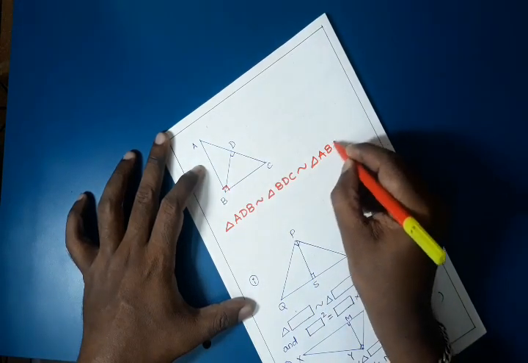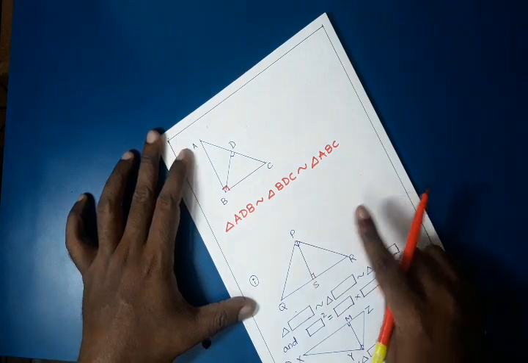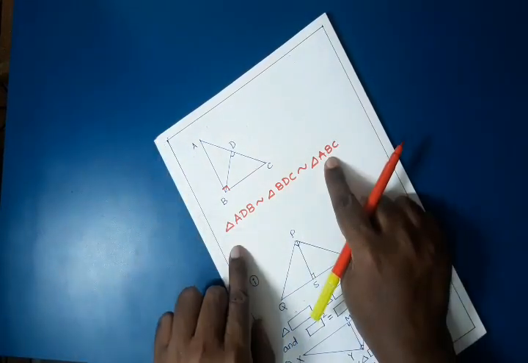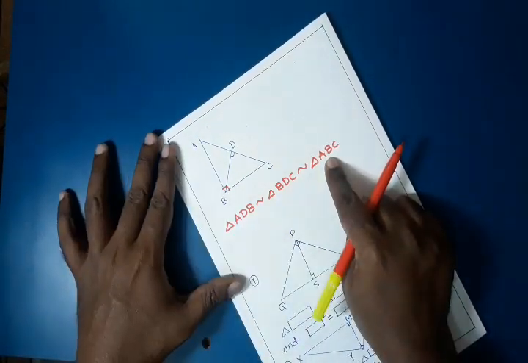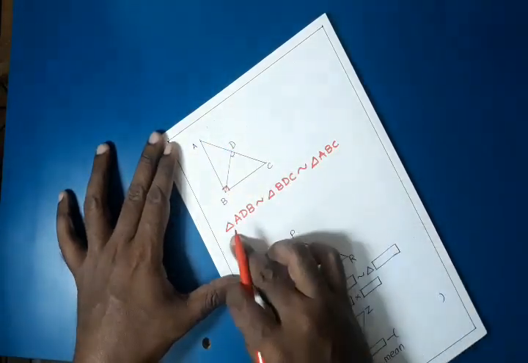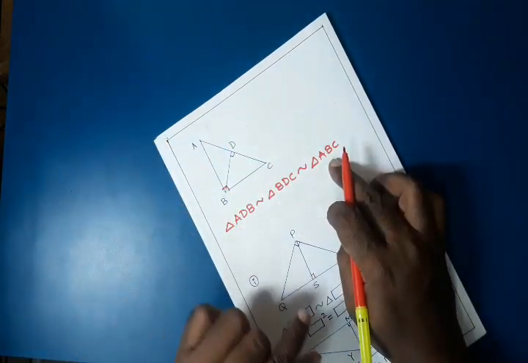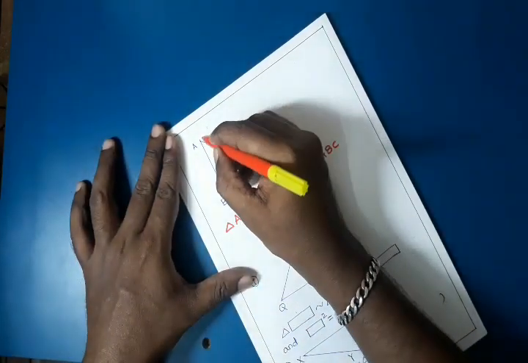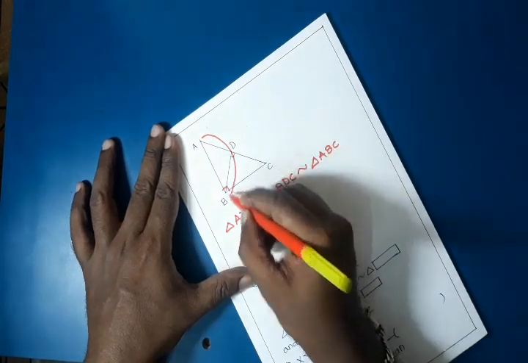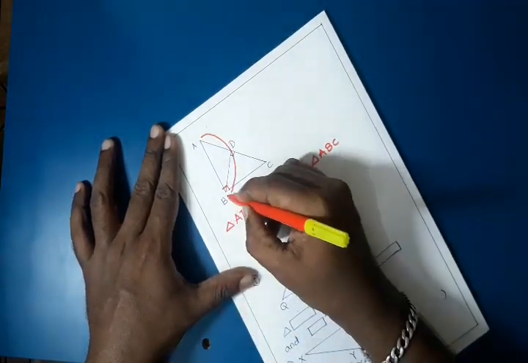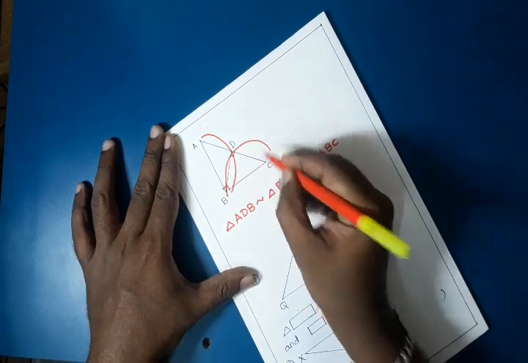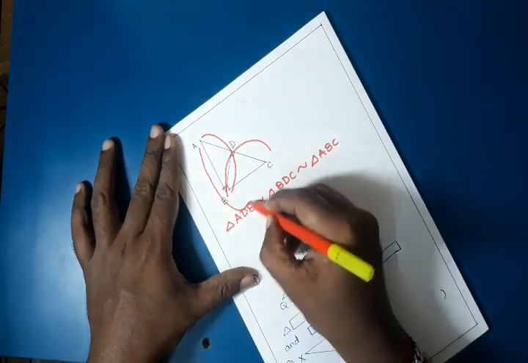It is very important that you write these names in a particular sequence. To write these names you have to follow one trick: ADB, then write the name of the second triangle as BDC and then write ABC.